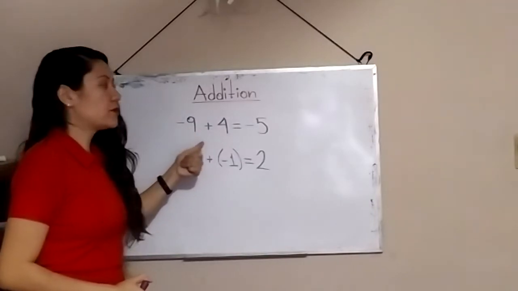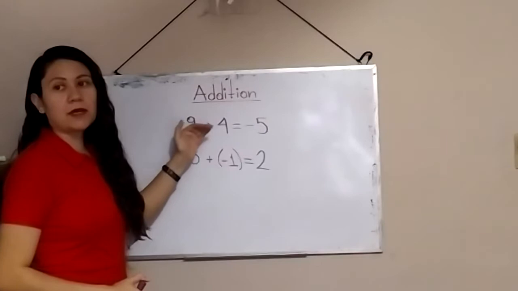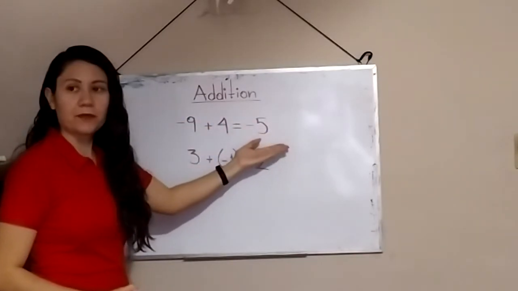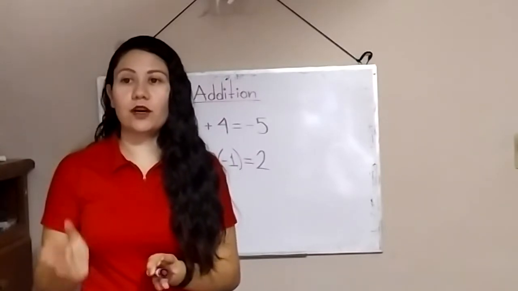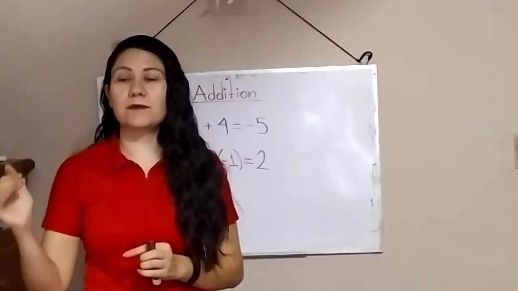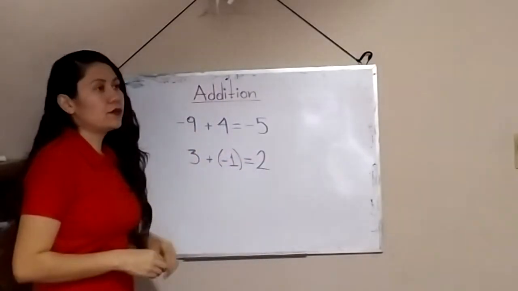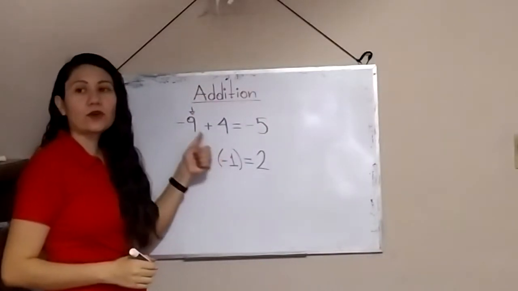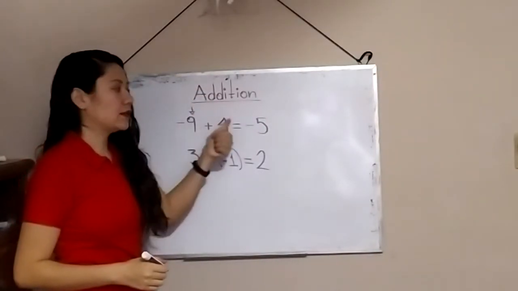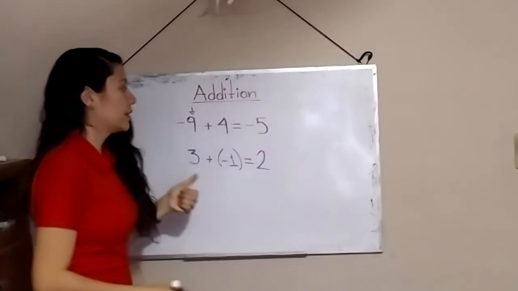So we are going to subtract 4 from 9. 9 minus 4 equals 5. And then we are going to take the sign of the number with the greatest absolute value. We said that it was 9, so we are going to take the sign of the 9. That is why our result is negative.